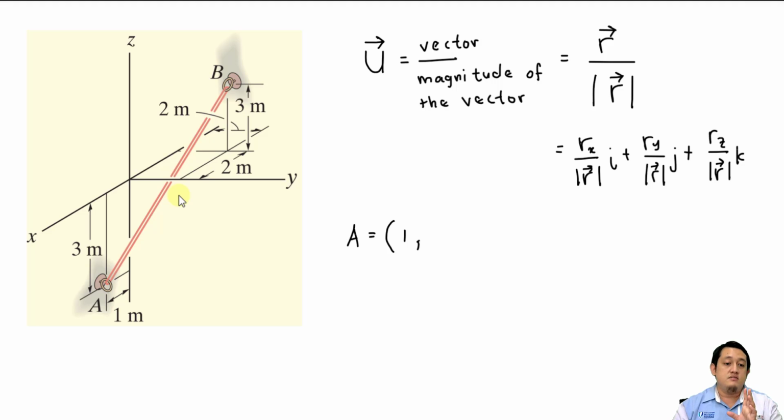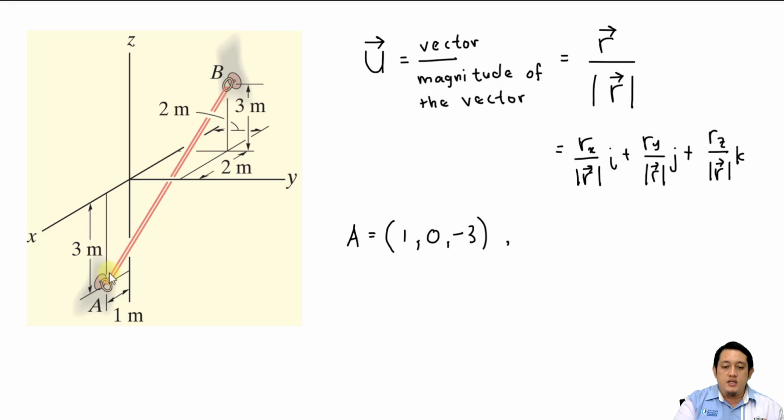No need, so this will be 0. For the Z direction, we need to go down by 3 meters. Because it is in a negative region, we write negative 3. So far so good. This is coordinate A.